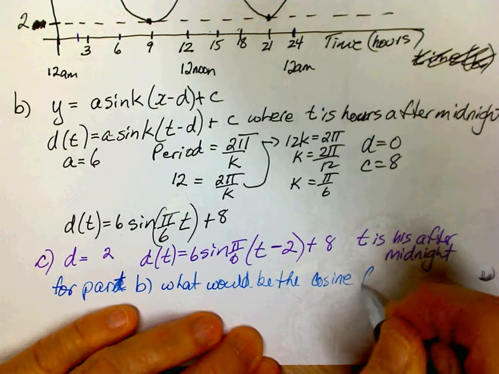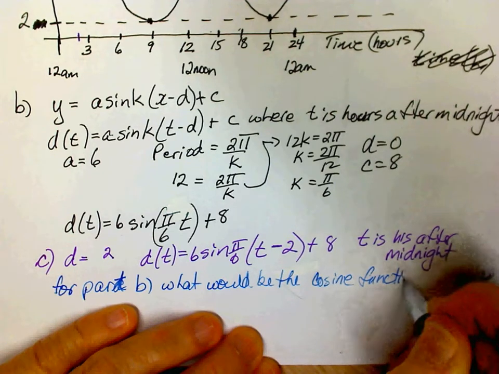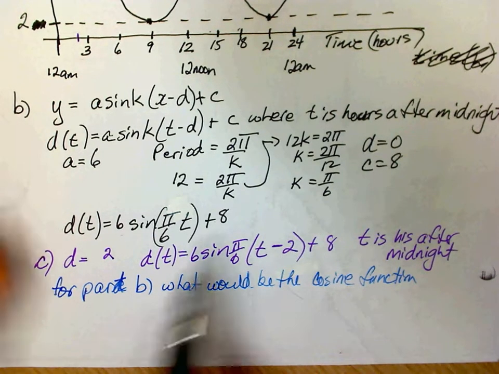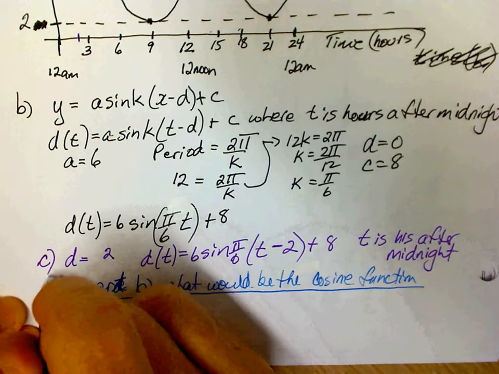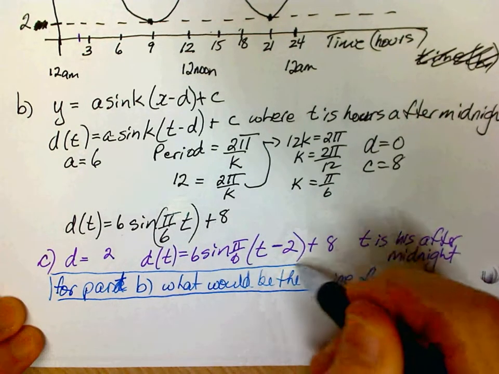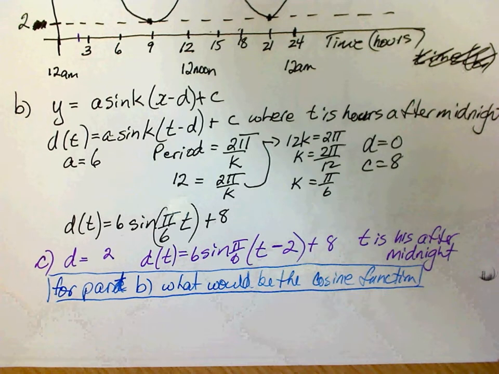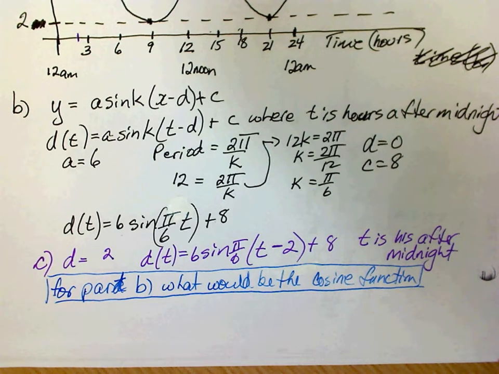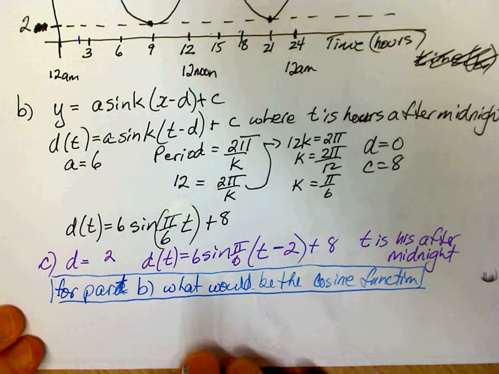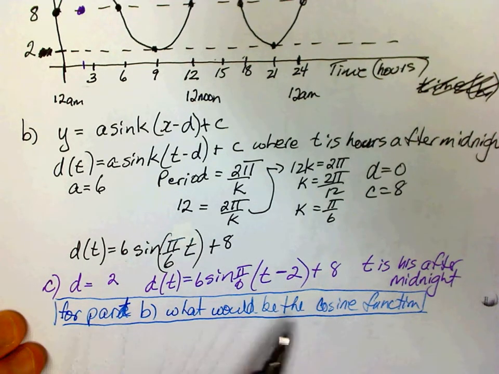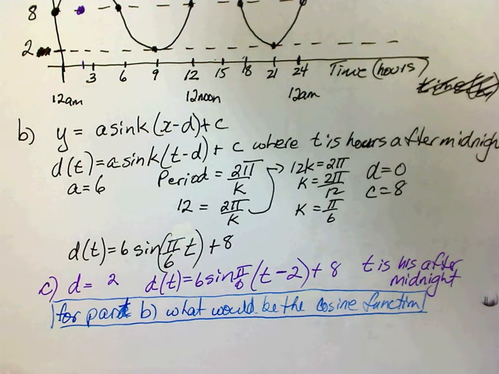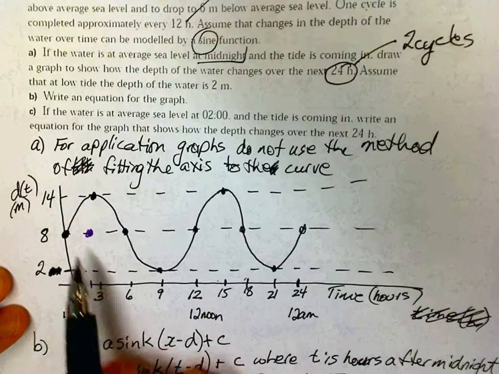If we were to write a cosine function for part B, this is just an extra. Anyone want to give it a try? If the question asked for a cosine function, what would it be? Instead of sine, what would the cosine function be?